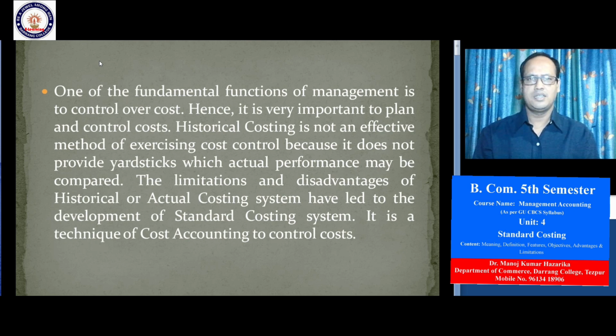Standard costing. One of the fundamental functions of management is to control our cost. Hence, it is very important to plan and control the cost. Historical costing is not an effective mode of exercising cost control because it does not provide a yardstick with which actual performance may be compared.